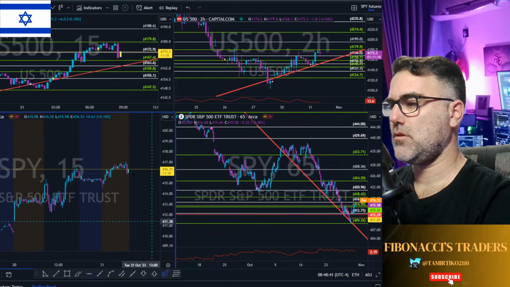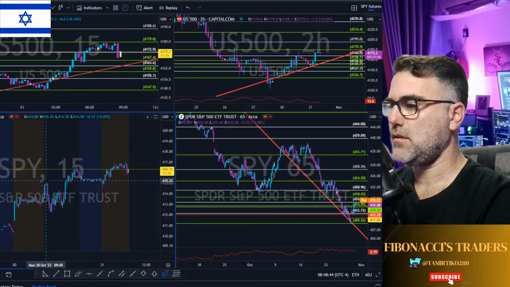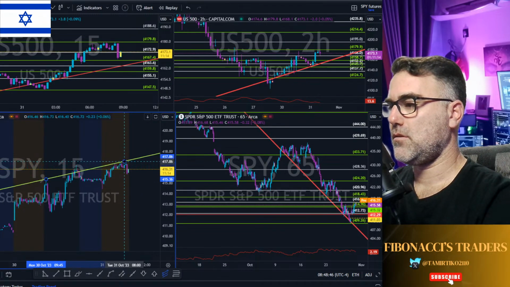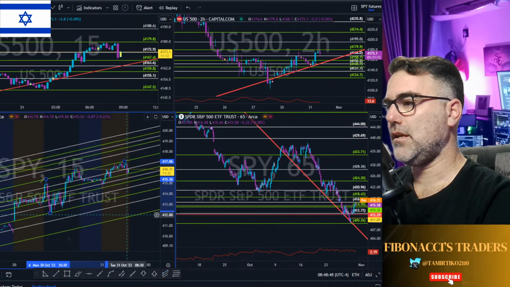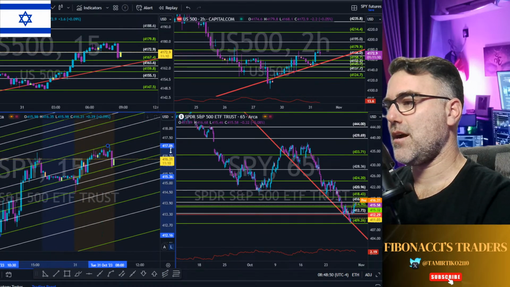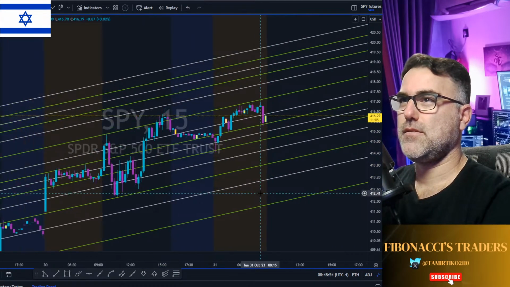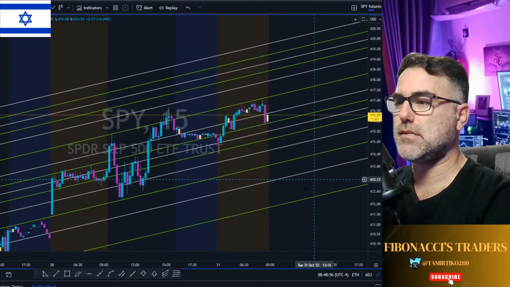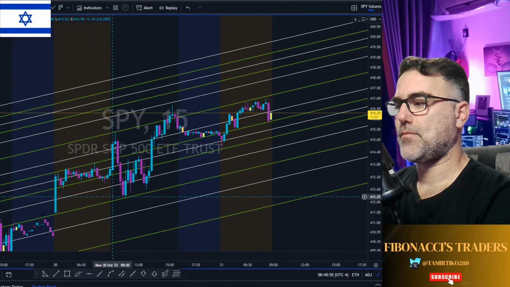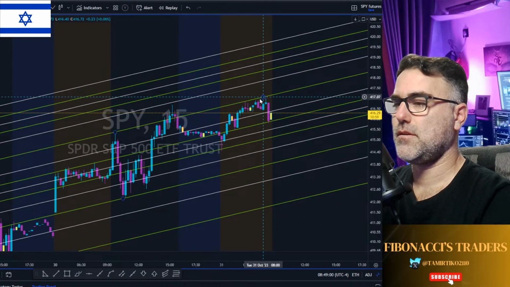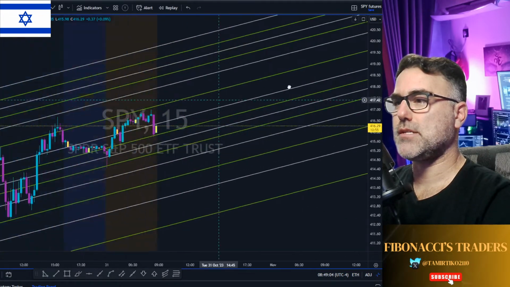Now check out the magnificent Fibonacci. All the levels, Fibonacci trend lines. Everything that you need for support, resistance, for future price action.